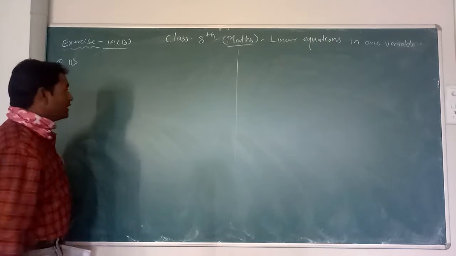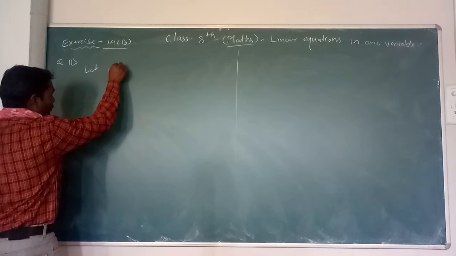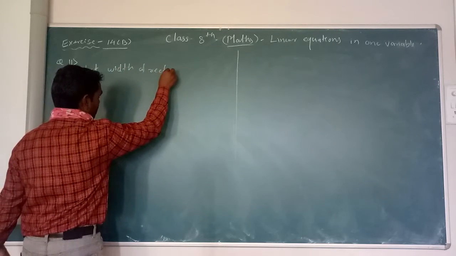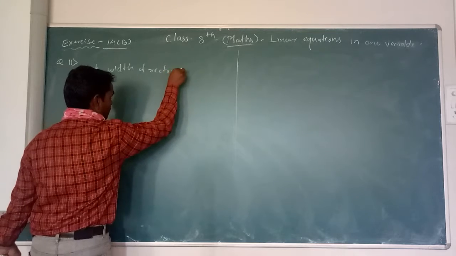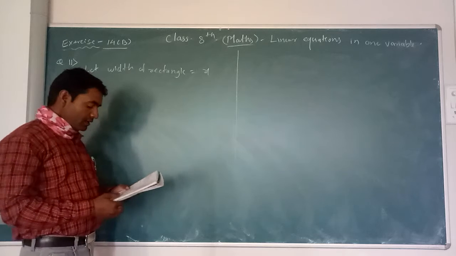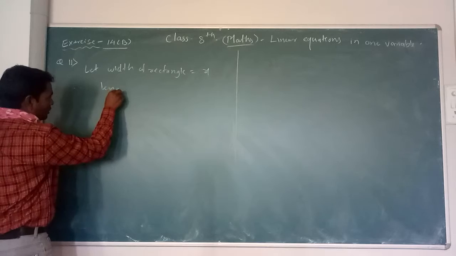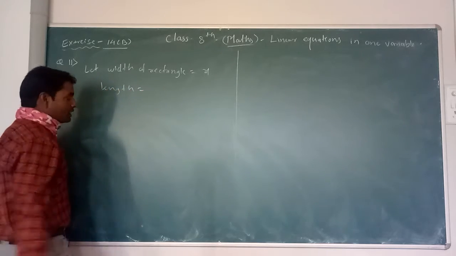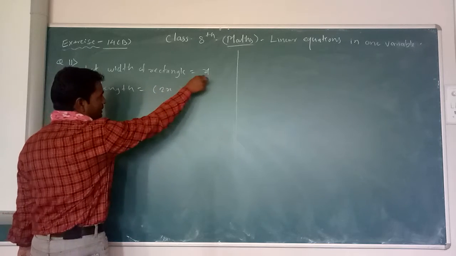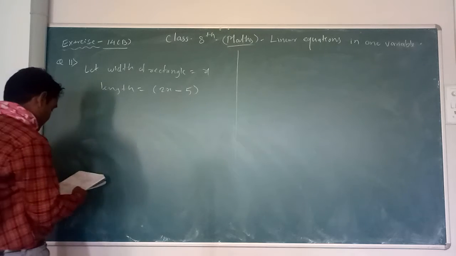So we will consider the width of the rectangle to be x, and therefore the length, which is given as 5 less than twice the width, is 2x minus 5.